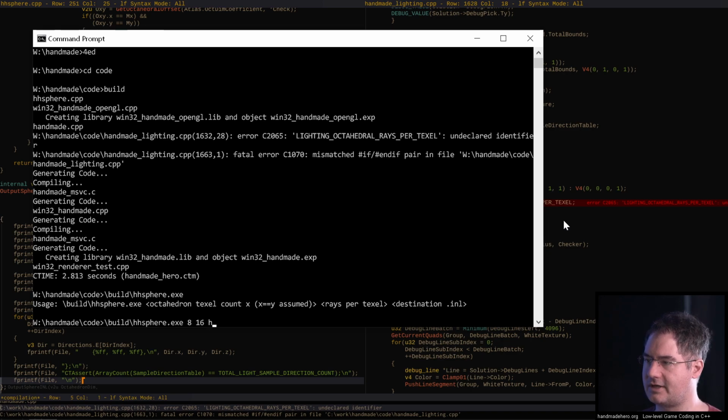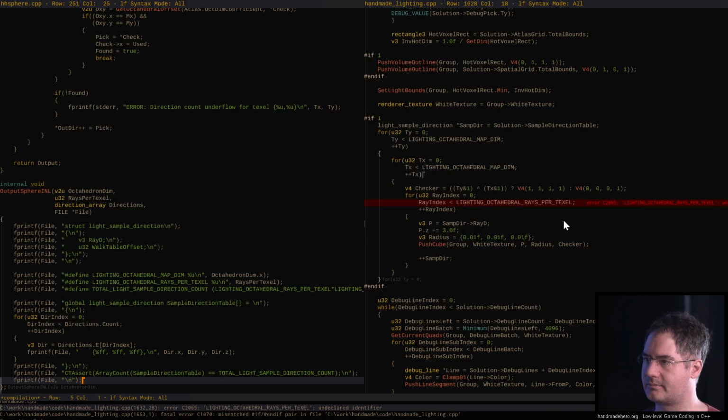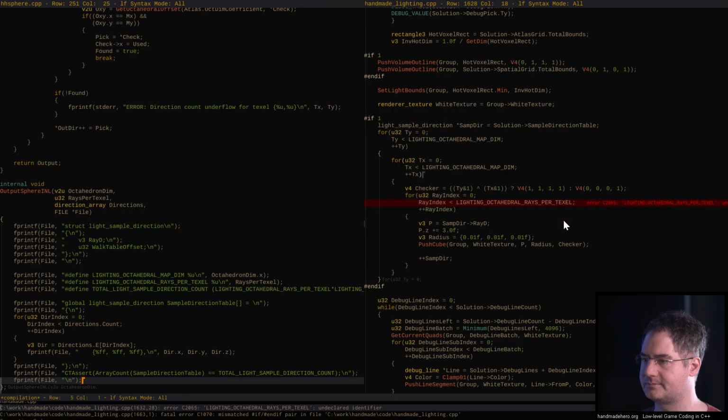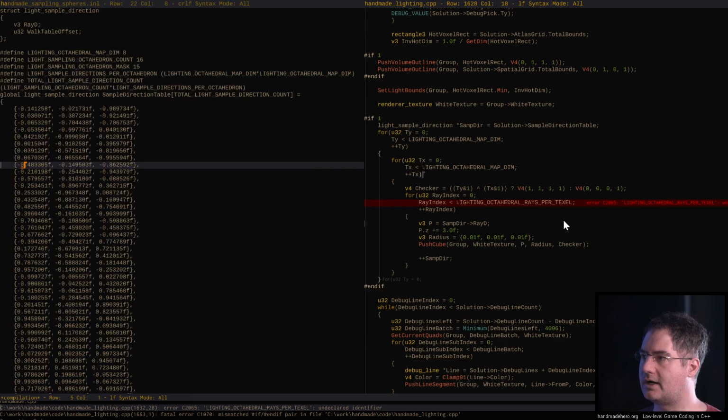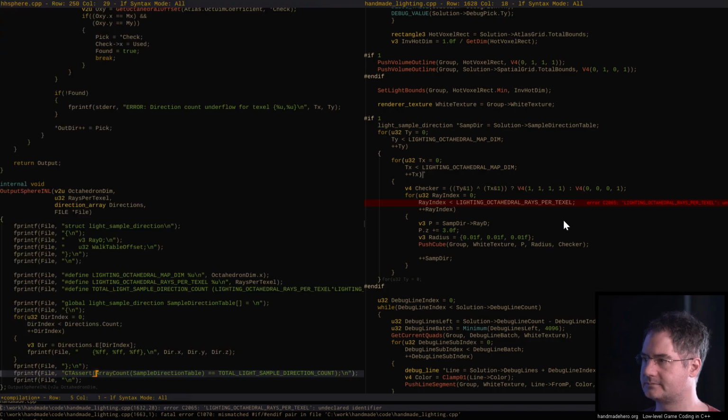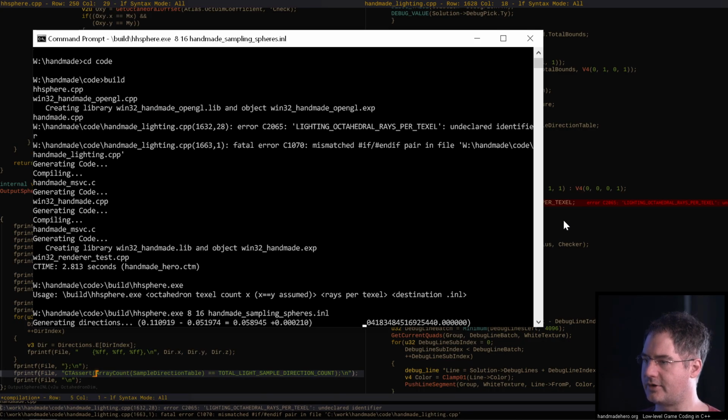And then the destination INL is like, I don't remember, it's like sphere samples or HH lighting, or I don't even remember what the heck it's called. Handmade sampling spheres. And so let's kill this buffer. Let's run this program, and who knows what it's going to do.